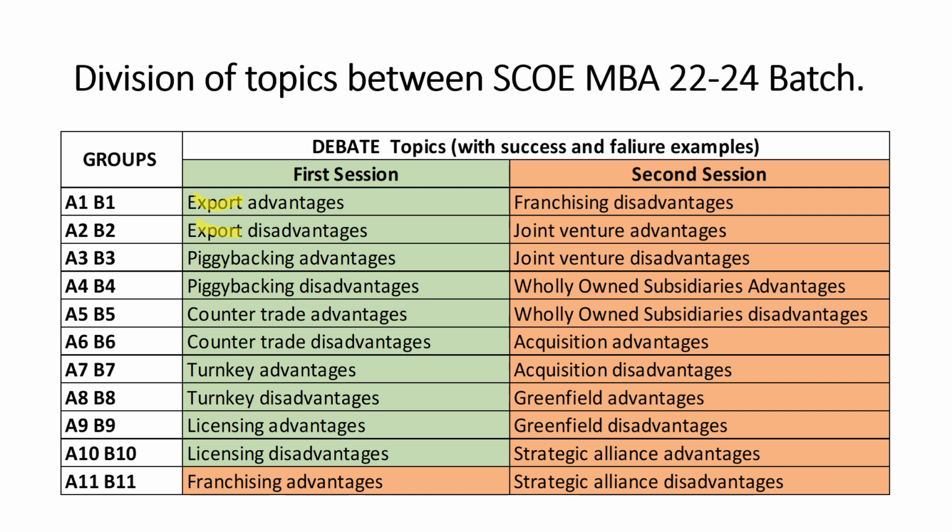So whenever I have a session with section A, I would want the team members of A1 and A2 to come up on the stage and start group discussing export as a strategy for internationalization. Right? So I think this particular division is very clear to you all.